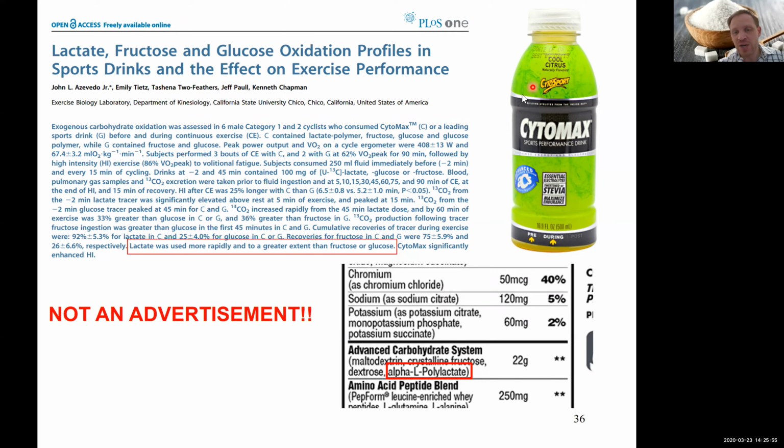If you look at the ingredients here, you don't have a bunch of glucose in there, you actually have alpha-L-polylactate. So instead of sugars, they are putting lactate into the sports drink, arguing that because of this lactate shuttle hypothesis, it would be bringing energy to your muscle much, much faster than sugar would. So it's an interesting industrial application of this rapidly developing knowledge.